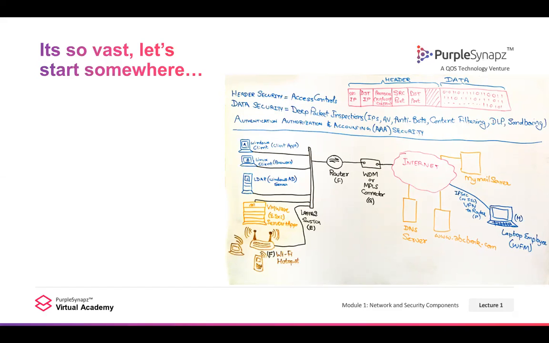Then, as we have understood in the previous sessions, in the orange color on the left side, you can see there is a VMware infrastructure which has been shown.